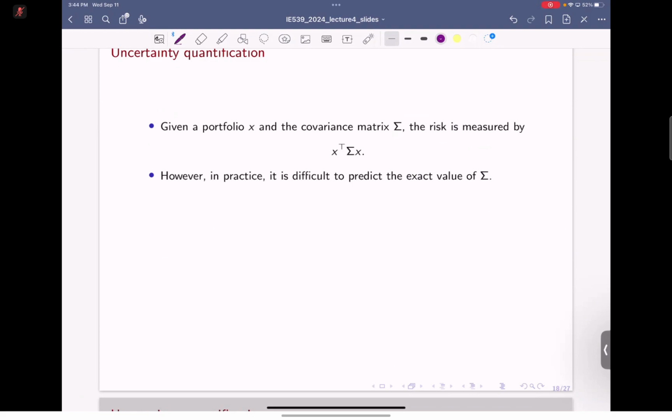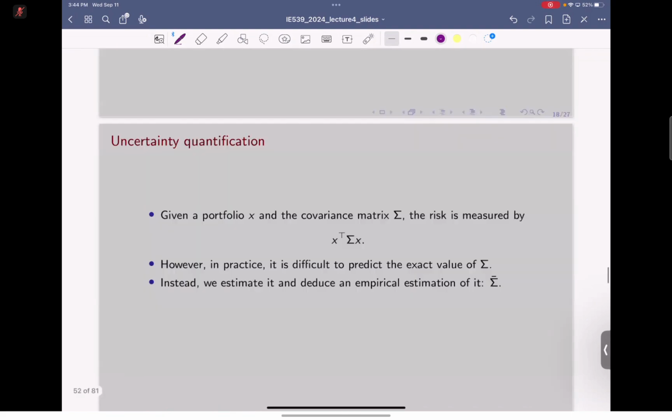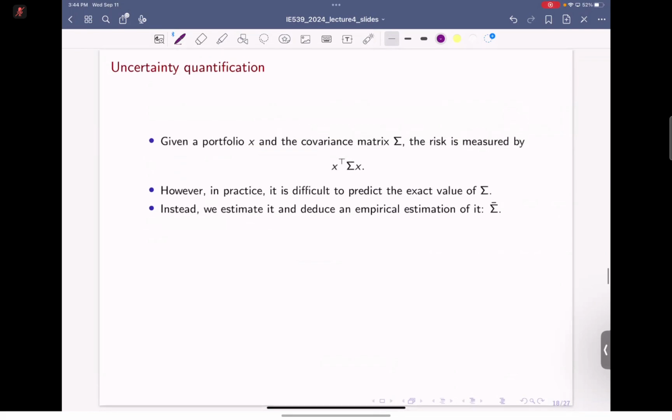So we don't have access to the exact value of this matrix sigma. But there's a way of getting an approximate value of sigma based on the historical data. So let's say we have an estimation sigma bar, which we believe is close to the actual value sigma, but there can be some errors depending on your data.